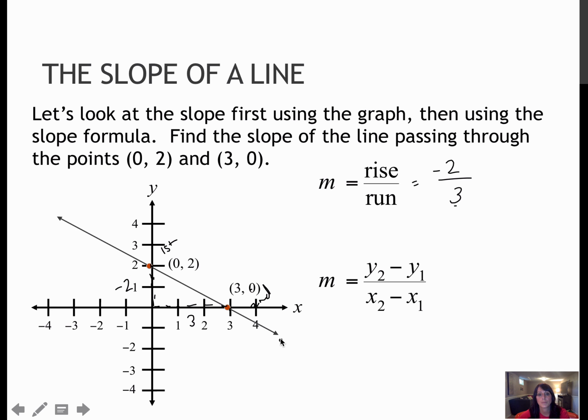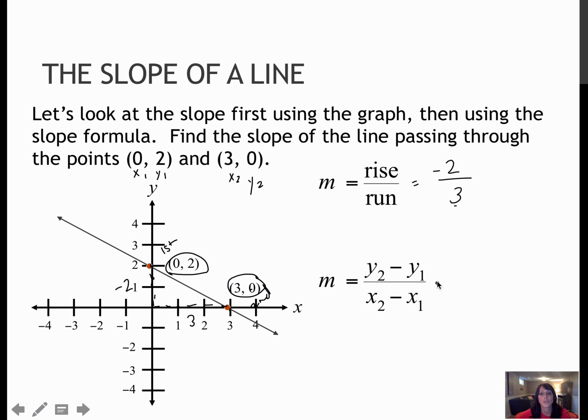which means down 2 over 3, down 2 over 3 to get to the next point on the line. Now, finding the slope using the slope formula would instead use (0, 2) and (3, 0). I would call this x1 and y1, which is just code for my first x and my first y. And this would be x2, y2, which is my second x and my second y.